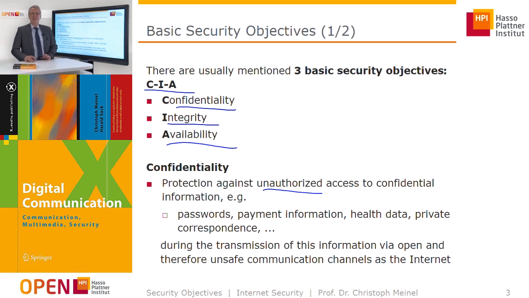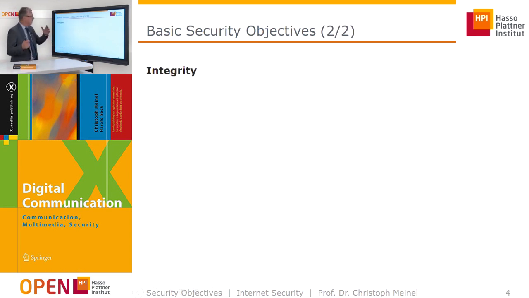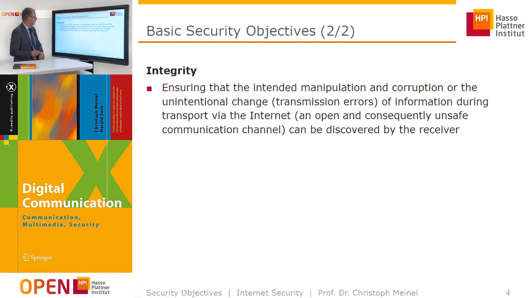The protection is particularly necessary when this data is transported over an open communication channel, because the open communication channel is unsafe. So here one has to secure the information, and the possibility is encryption.